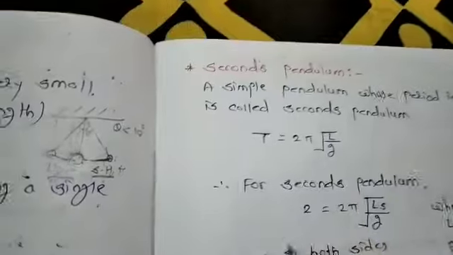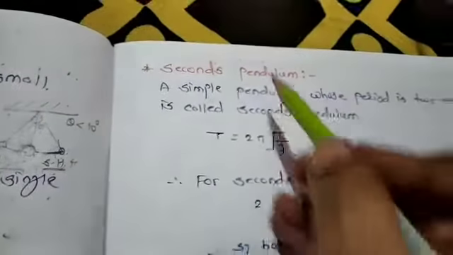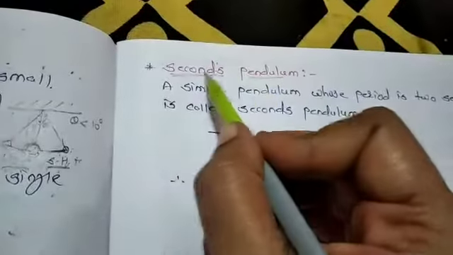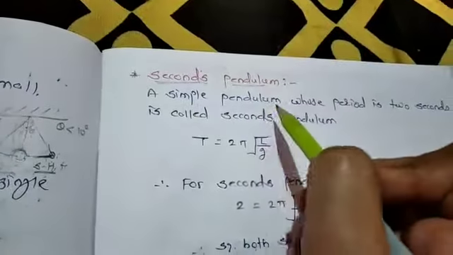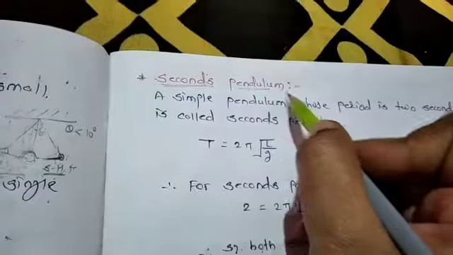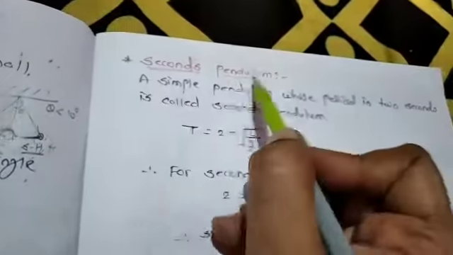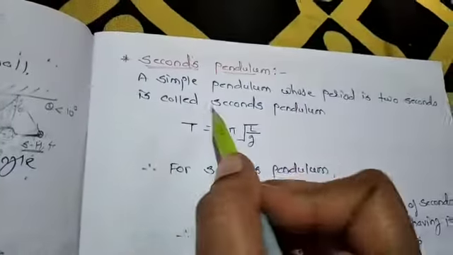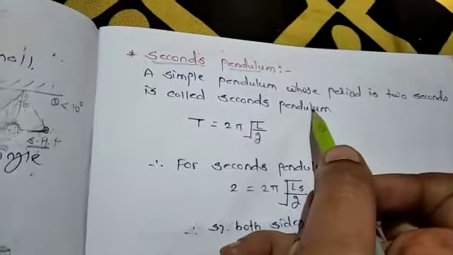Then next we'll see the seconds pendulum. What is the seconds pendulum? It is nothing but a simple pendulum whose period is 2 seconds. A simple pendulum whose period is 2 seconds is called the seconds pendulum.